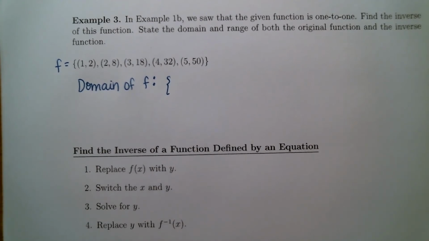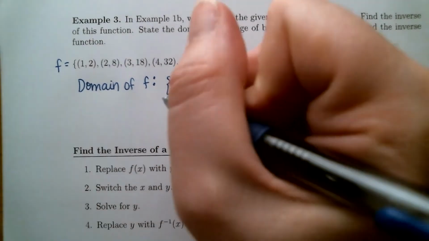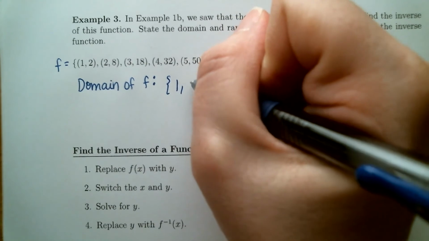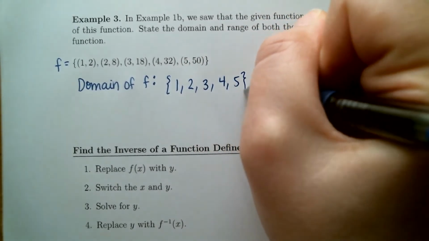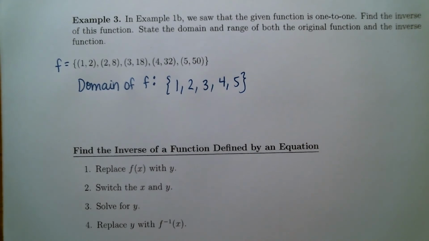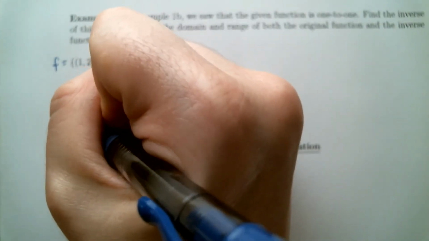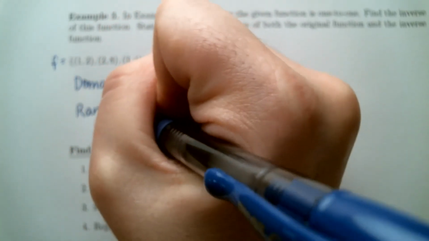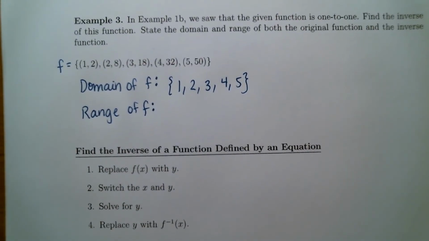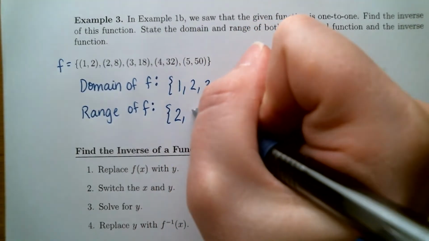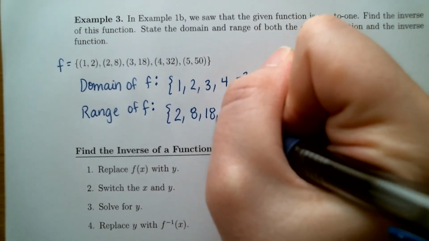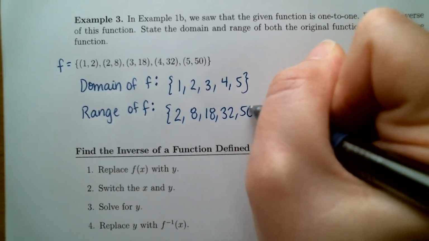When you list, you have to use braces. So my domain is going to be {1, 2, 3, 4, 5}. And then the range is going to be all the y values. Again, there are 5 different y values. You list. You cannot use interval notation here. So we're going to get {2, 8, 18, 32, 50}.